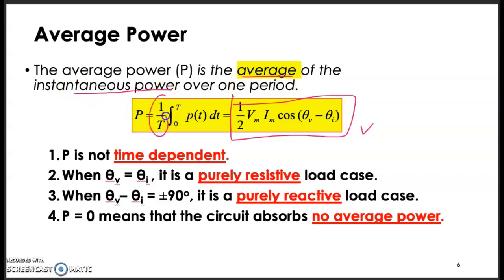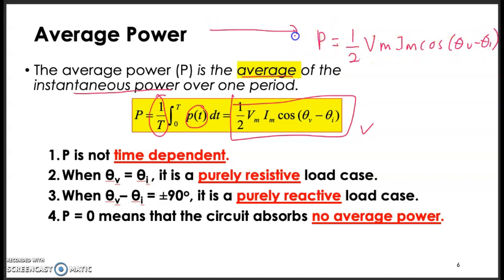You integrate your p(t), the instantaneous power, from 0 to T. You can learn the derivation, but I will not show it here. The final answer will be half Vm Im cosine of theta V minus theta I, measured in watts.